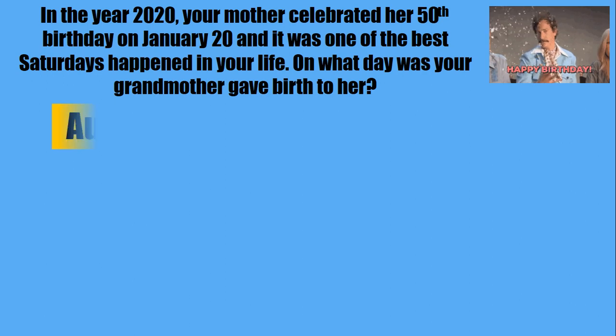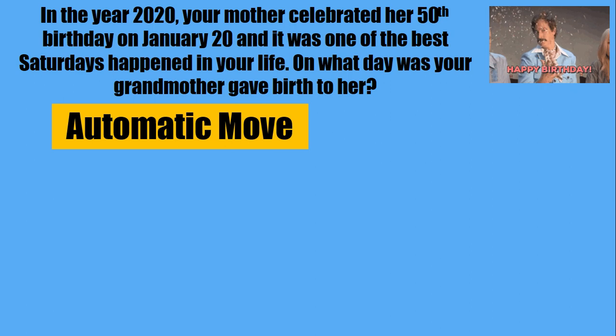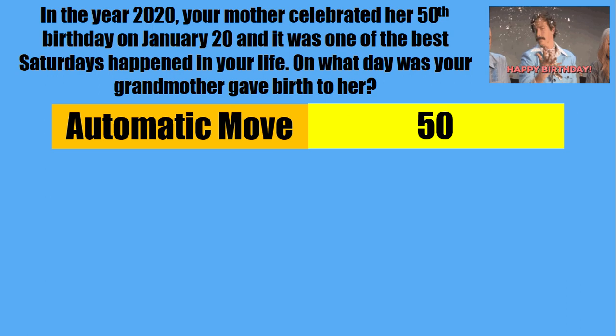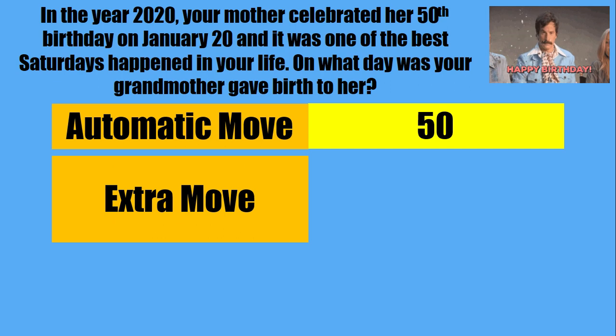So again, we need to consider the automatic move here, and our automatic move here is 50, since your mother is celebrating her 50th birthday. Since her age is 50, and we are looking at 2020 as our reference, 2020 minus 50 is 1970. She was born on January 20, 1970.